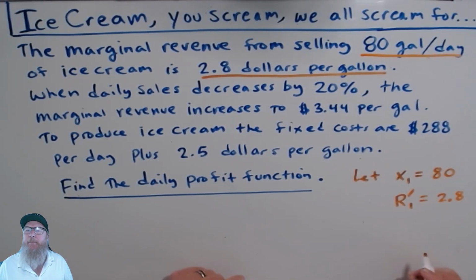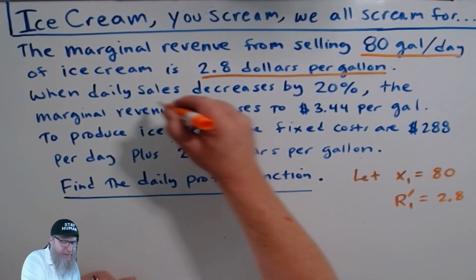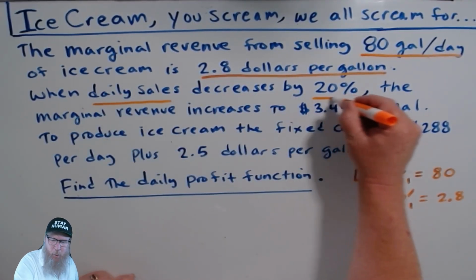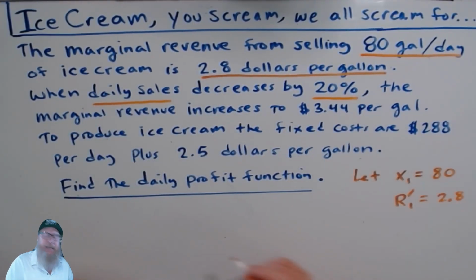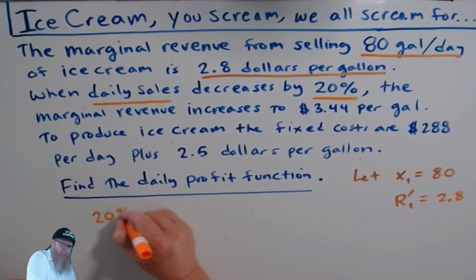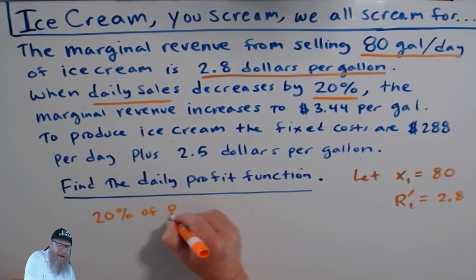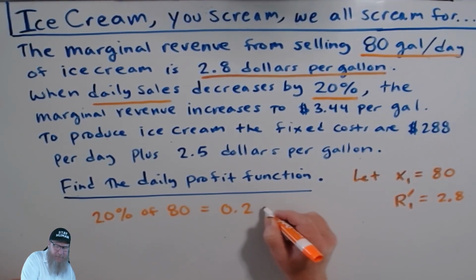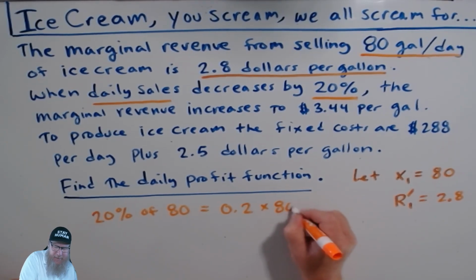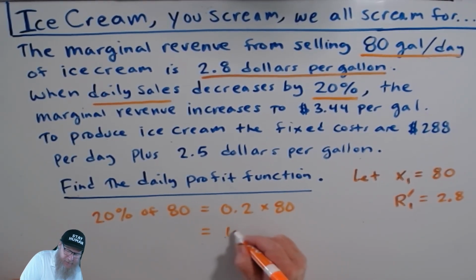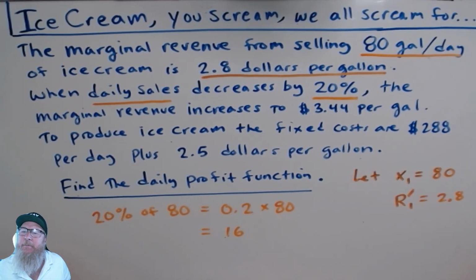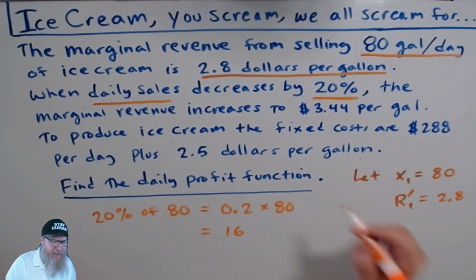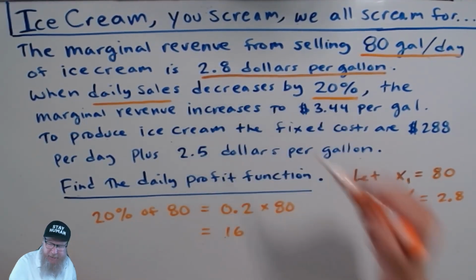Okay. Let's keep going. When daily sales decreases by 20%, so 20% of 80 is 0.2 times 80, which is 16. So it's decreasing by 20%.